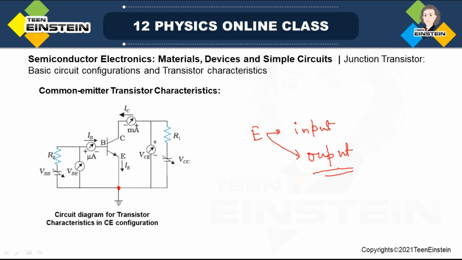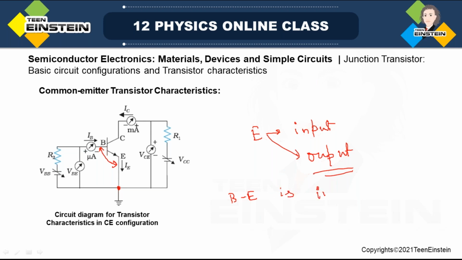Now we'll see which junction is called input and which is called output. In this CE configuration, BE is the input junction.